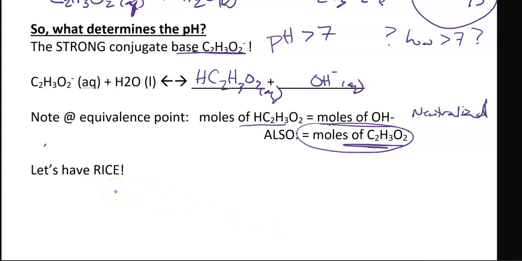Well, I can figure out the moles of conjugate base that I'll have at the equivalence point. I know the molarity of the base, and I also know the molarity of the original acid, and I know the volume of base that I added to the solution, which was 25 milliliters or 0.025 liters. Therefore, I have 0.0025 moles of conjugate base.